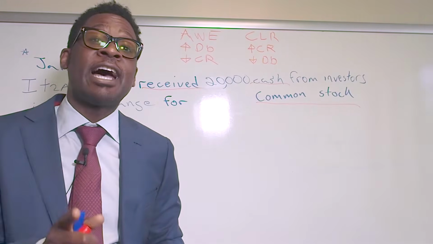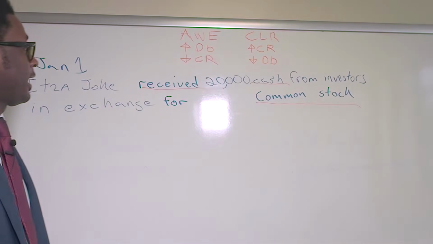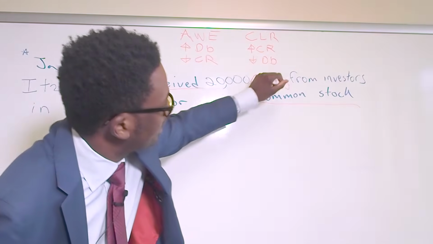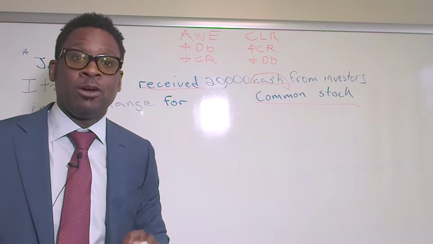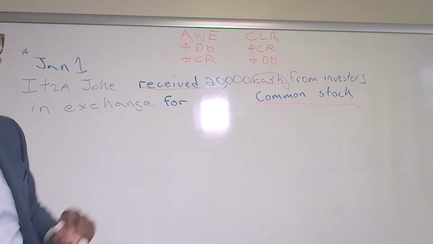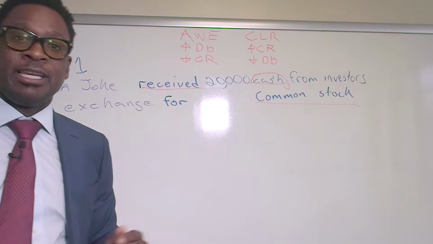We're gonna decide what type of accounts are affected. Obviously, cash is affected, right? And we know that cash happens to be an asset. Well, if cash is an asset, cash is in the ALL gang. What about the other account that's affected? Easy, right, gang?